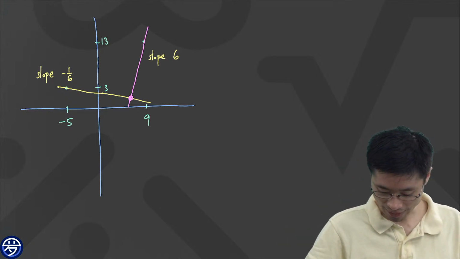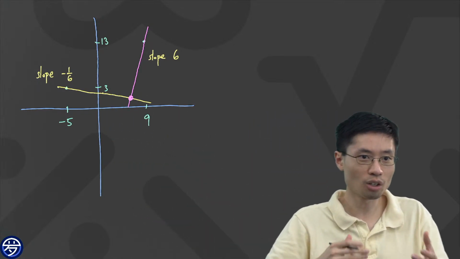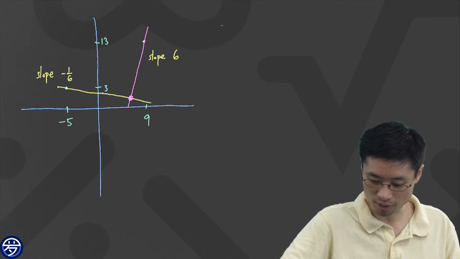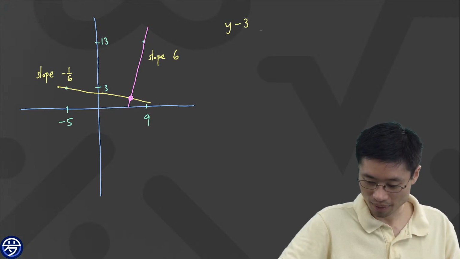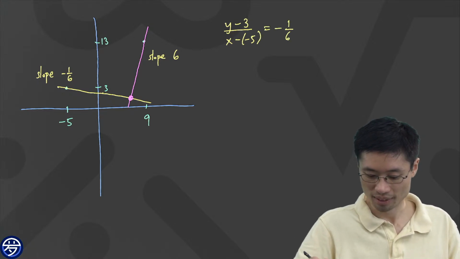Okay, so now let's use yellow. What is the equation of this line? There's some point slope form which is useful. I can just think of y minus the 3 divided by x minus the minus 5 is supposed to be minus 1/6. Does everyone agree?